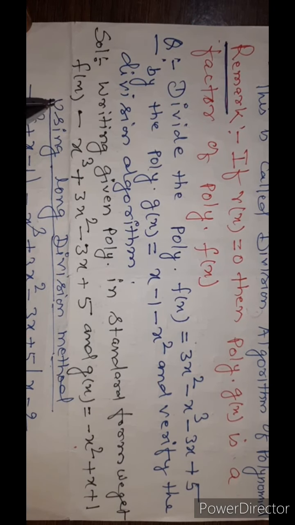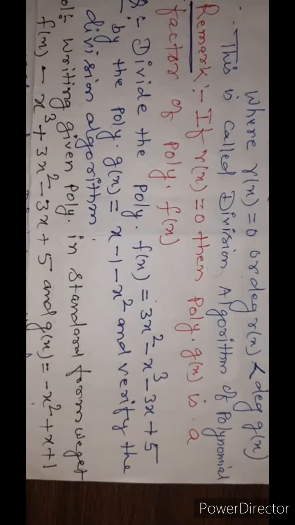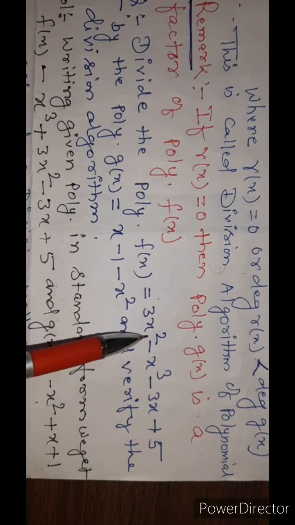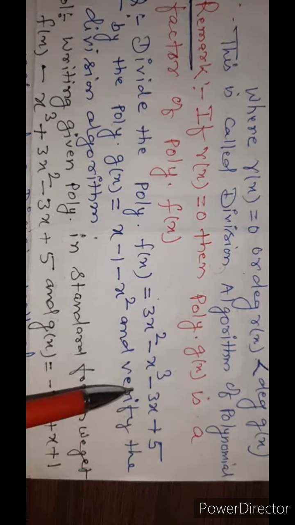What is a standard form? I have already explained it in a previous video. Once again I want to clarify it. If any polynomial is written with degrees in descending order, then it is called a standard form of polynomial. In this question, the degree is not written in descending order.